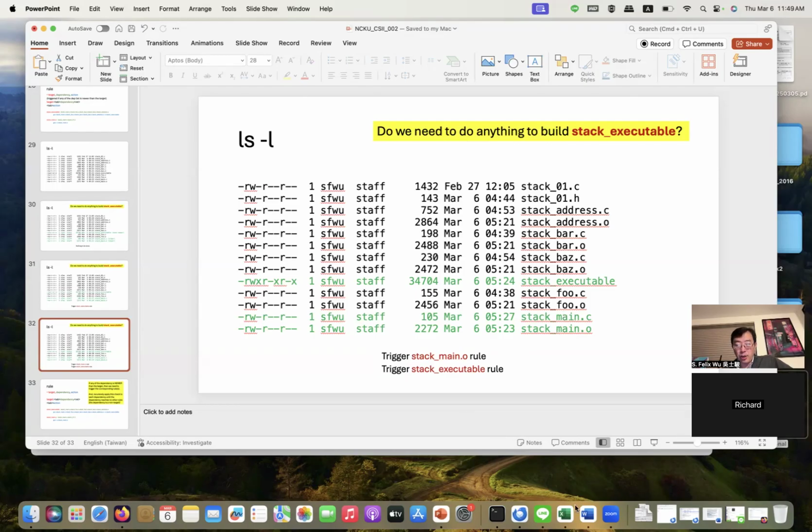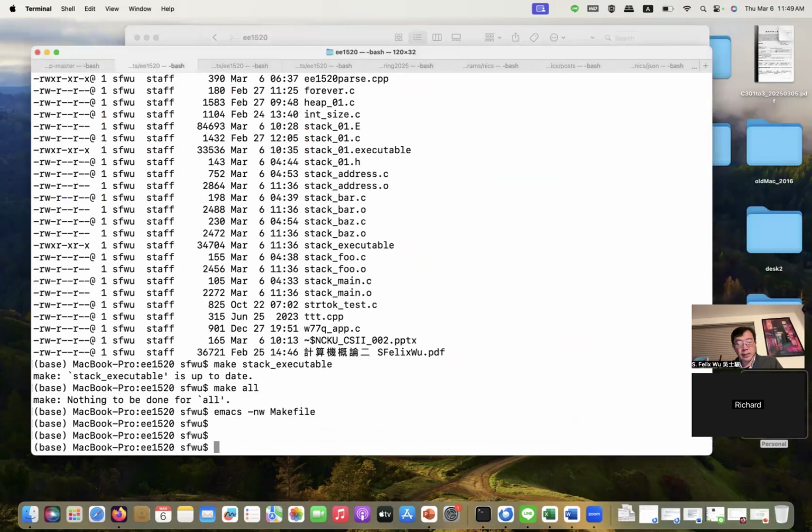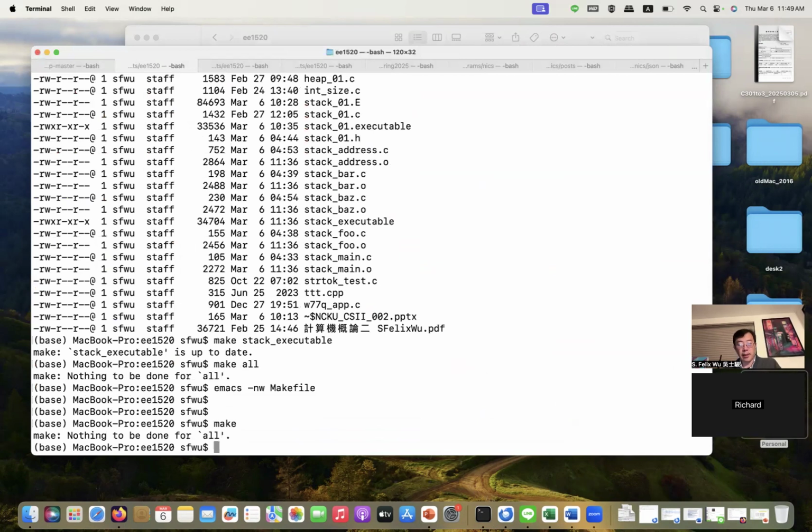Okay, so because of the timestamp, let me show you an example in my terminal. I will make. Okay, I have already done everything, it is all made, but I'm actually going to change the file stackman.c. Take a look at stackman.c.